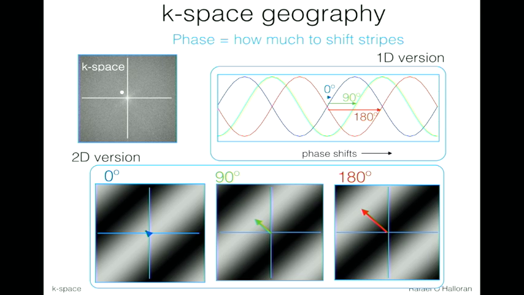And in 2D, it looks like this. So at 0 degrees, you see the band is kind of across the middle of the image, and as you add phase from 90 to 180, that band moves away from the center. And because this is where the signal is going to be deposited in the image, you can see that it will affect the amount of signal that will go into your image, because in one case you have all this bright signal in the middle, and in another case it's on the outside. So the phase is really important.